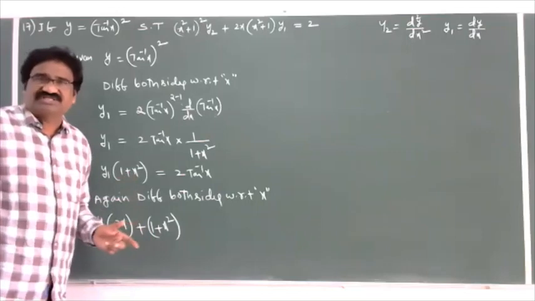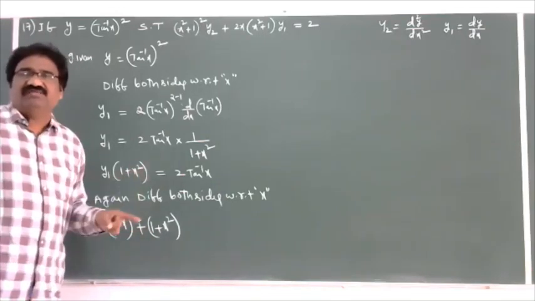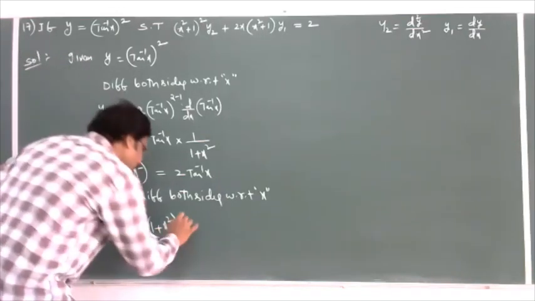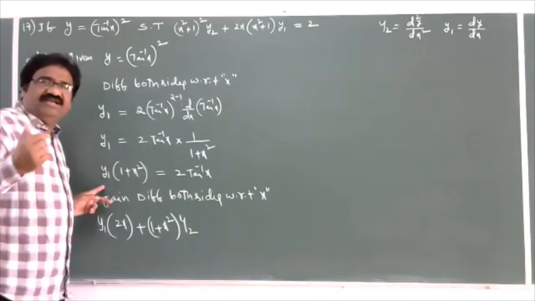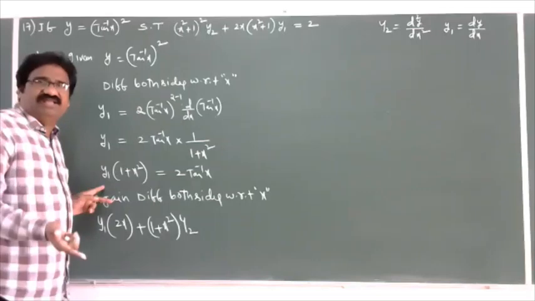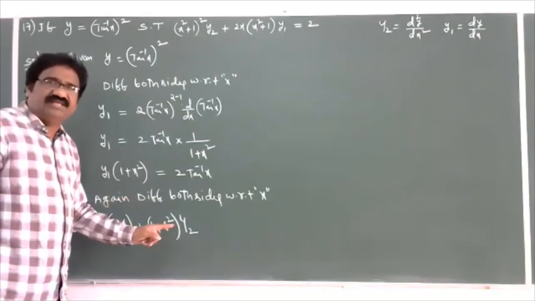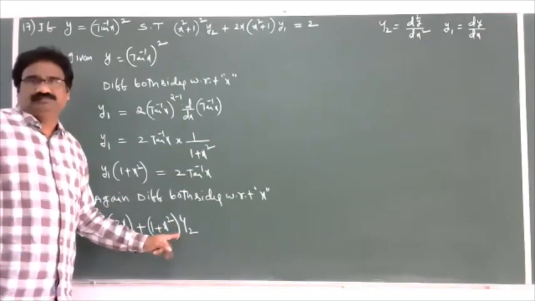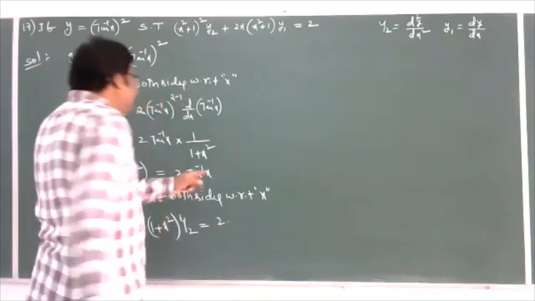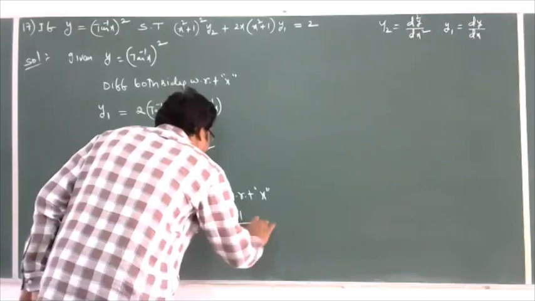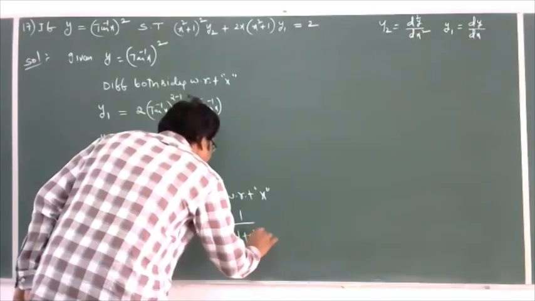What is the first function here? y1. y1 derivative is y2. y1 means dy by dx, and dy by dx derivative is d square y by dx square, that is y2. It is equal to 2 into, what is the tan inverse x derivative? Again 1 by 1 plus x square.